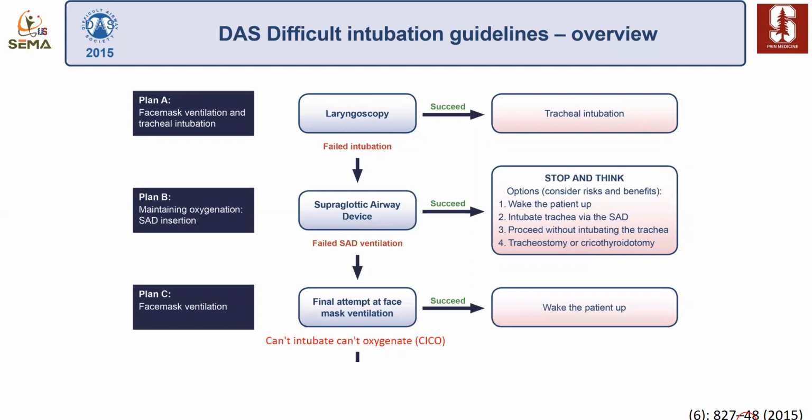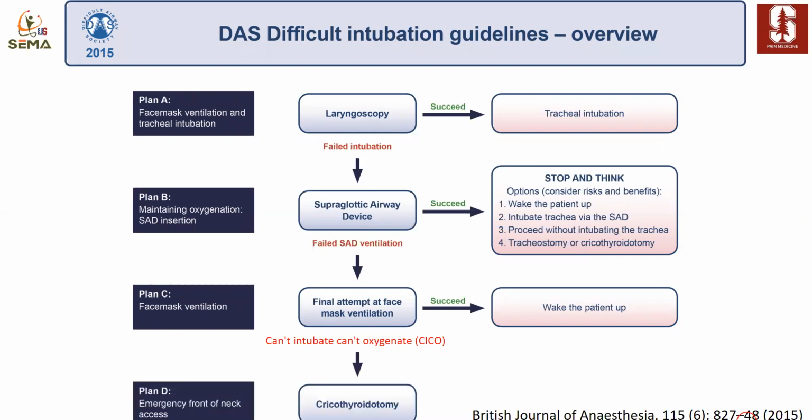If you cannot ventilate with the LMA, then basically all you end up with is face mask ventilation. If you cannot do that, then you are at the level of what they call cannot intubate, cannot ventilate, or cannot intubate, cannot oxygenate. And then at that level, you need a surgical airway. The easiest to perform and fastest, I think, is the cricothyroidotomy, especially if you don't have an ENT on board.